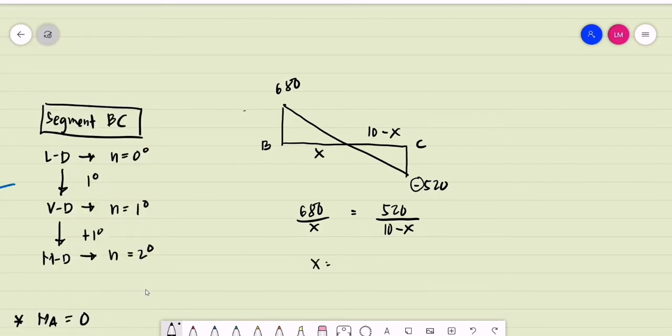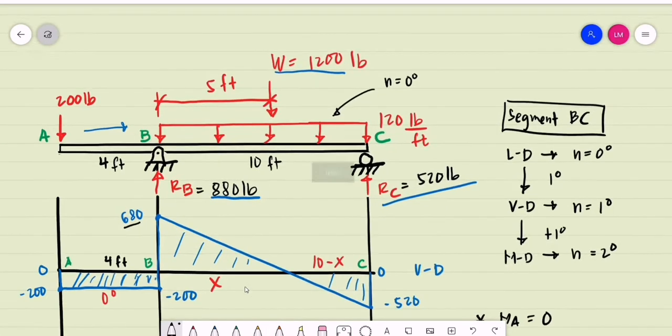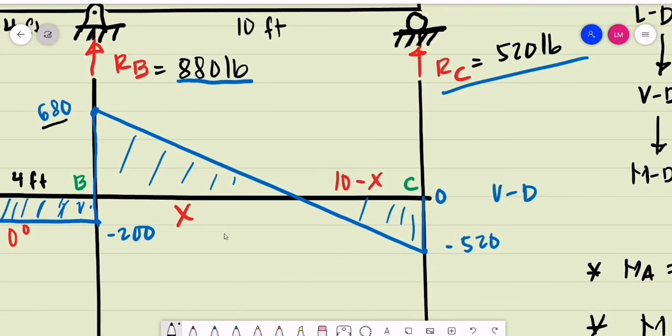The value of x is 5.667 feet. But if you are to use the exact value in fraction, that is the same as 17 over 3 feet, to avoid rounding. So we have now this distance, x is equal to 17 over 3 feet.